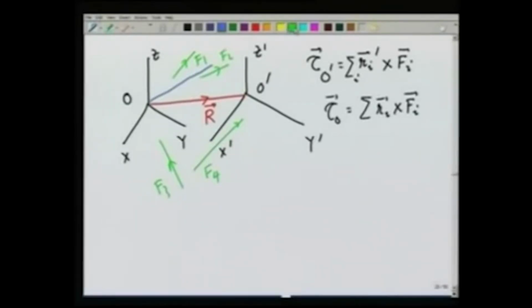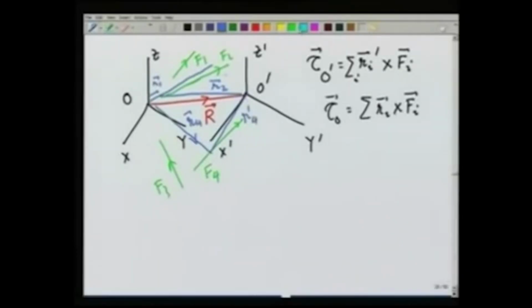So, let us say if I extend this force like this, this could be R 1, this could be R 2, and up to this point this is R 1. Or for F 4, this is R 4 and this is R 4 prime.